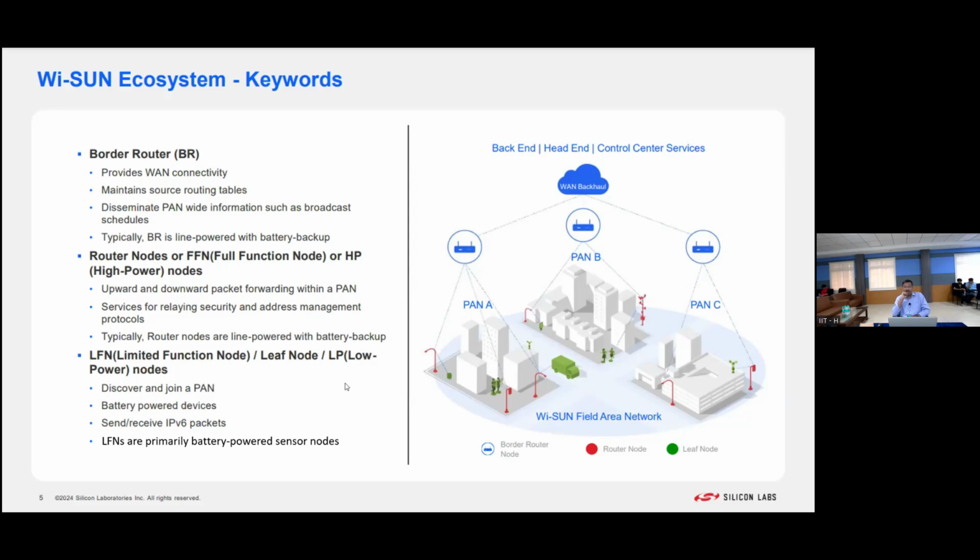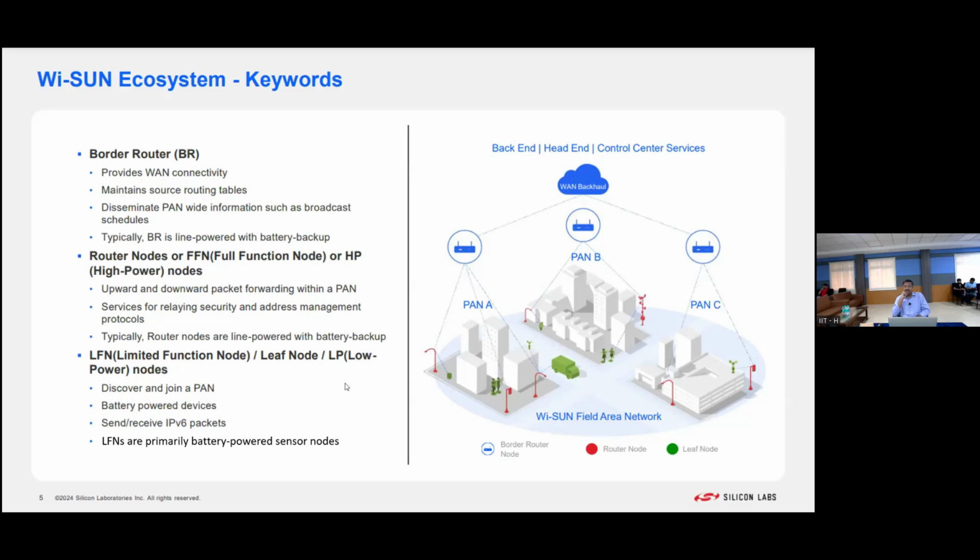Each router node can contain many of those sensor nodes, and the router nodes do the upward and downward packet forwarding within the PAN. They are line powered with battery backup. They are generally fitted on light poles, street lights, and building tops so that they get the maximum coverage.